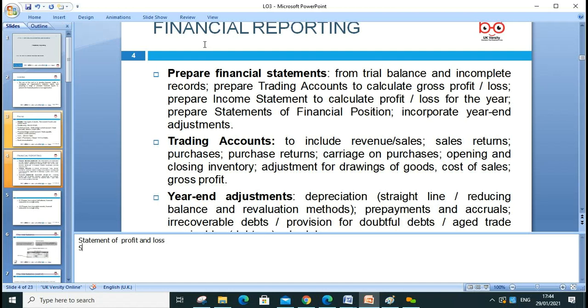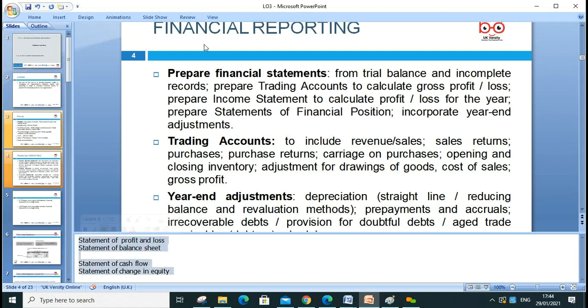We discussed the statement of balance sheet. We can prepare the statement of cash flow, and we can prepare the statement of change in equity.